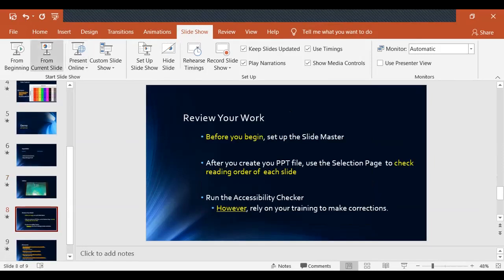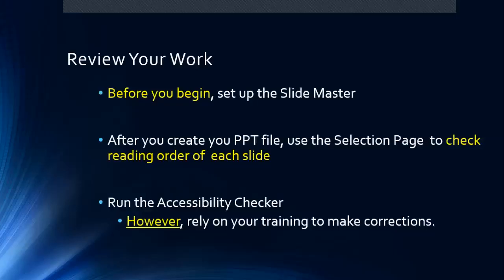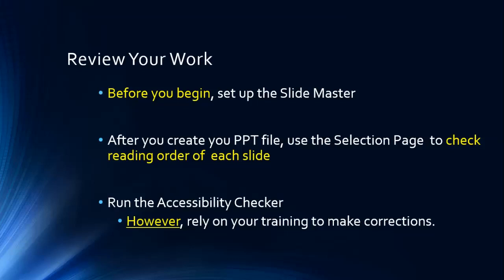All right, so going forward and working in a PowerPoint file, make sure that you review your work before you end up using it. So you can do this in a couple ways. You can have your accessibility checker open the whole time you're working, or you can run it at the end.